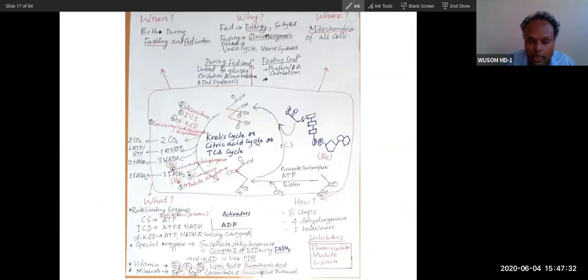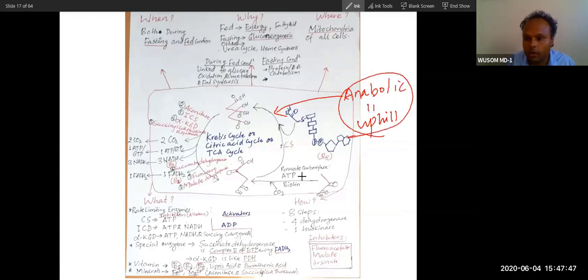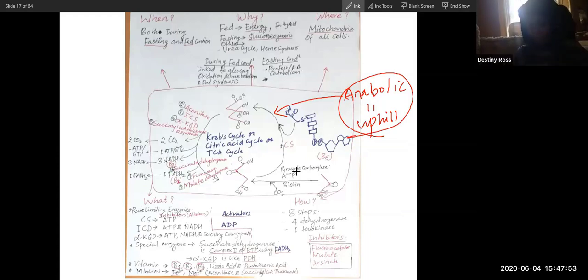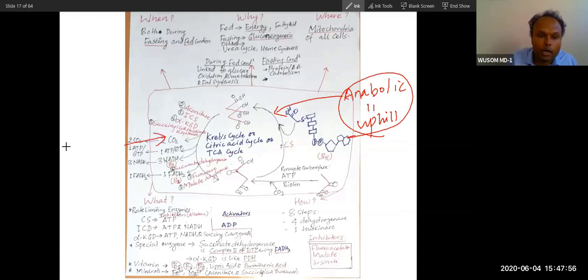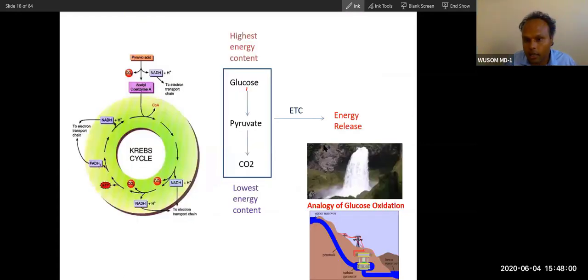I have intentionally kept the anabolic reaction upward, because I will use the term anabolic to mean an uphill reaction. Okay, I will use this terminology. Are you comfortable with it? Yes. And I will use downhill for the catabolic reaction, in order to compare our metabolic process to natural processes.